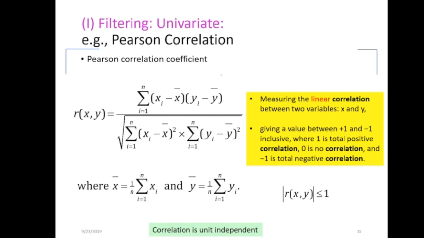So this is just the covariance between this x variable and the y variable, over the variance. Here xi, yi mean the samples, and this is the feature x.